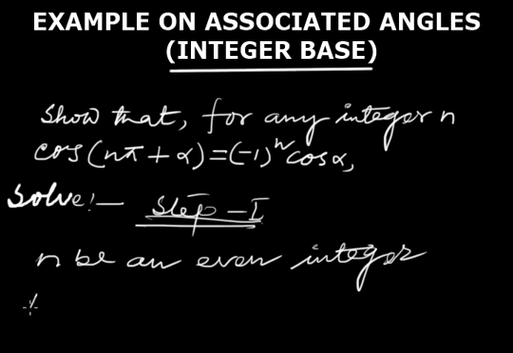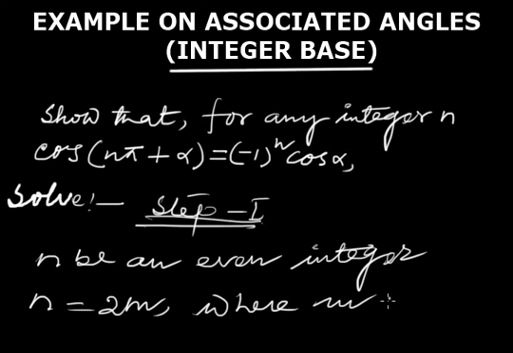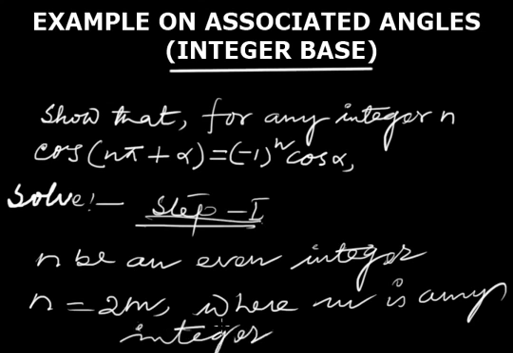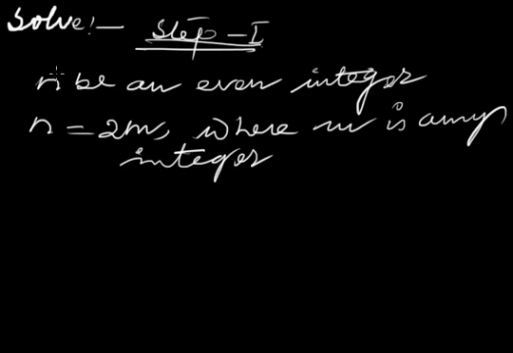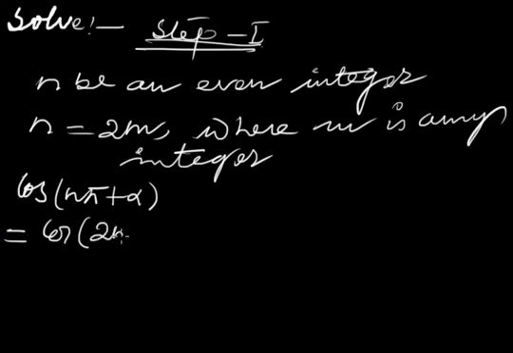That is, n equals 2m, where m is any integer. Now, cos(nπ + α) equals cos(2mπ + α).